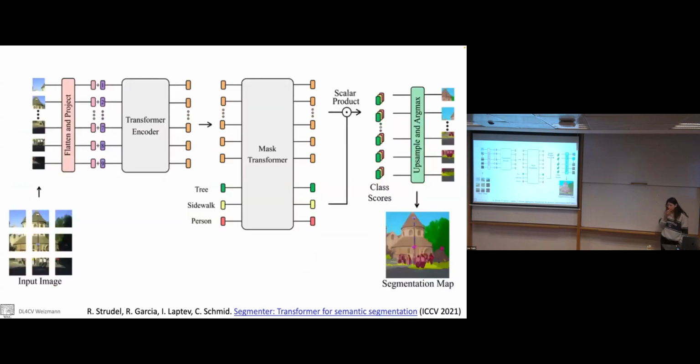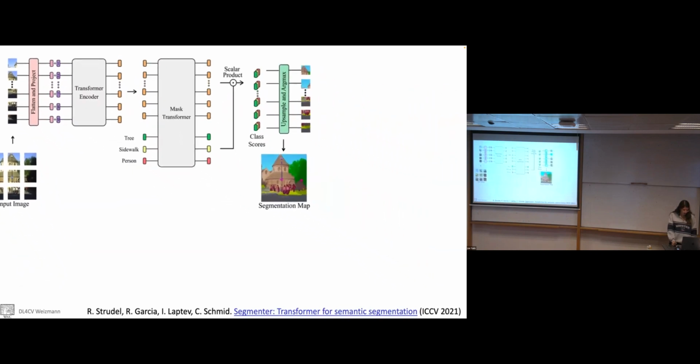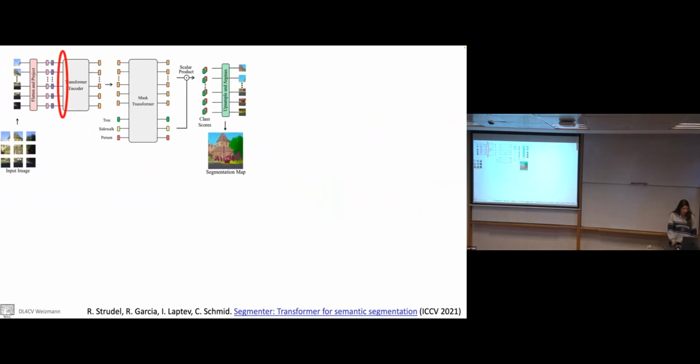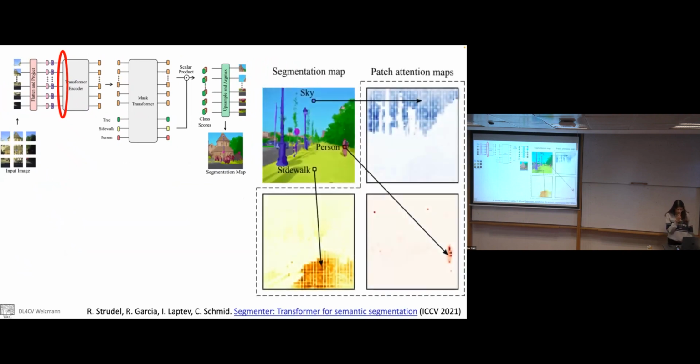So again, as we did for DETR, we want to examine the different components of the architecture and how they affect things, and examine the different attention maps. If we start from the encoder, very similar to what we saw before, we show here the different attention maps.